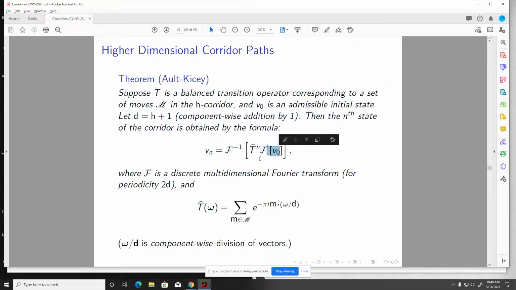We take the Fourier transform of the initial state. Here's our convolution property, where the transition has a certain formula on the Fourier side that we can simply multiply n times to that result, and then take the inverse Fourier transform to get back to Vn.